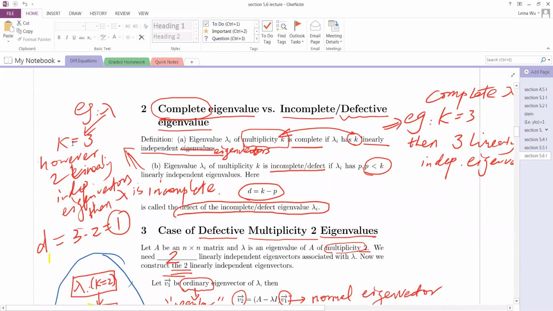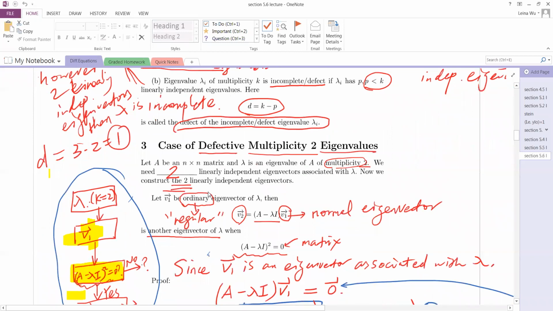The number of eigenvectors should match the number of eigenvalues. So if you have only 1 or 2 regular ones, then we are short of some linearly independent eigenvectors. That's how you calculate the d, just by doing the subtraction.